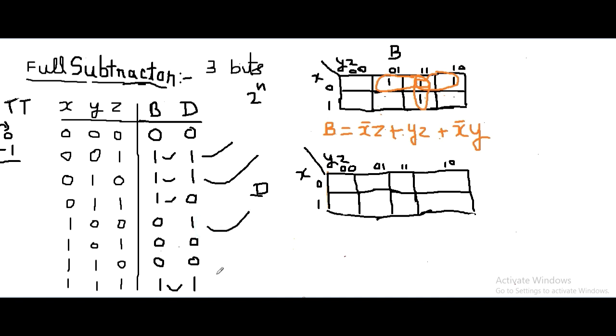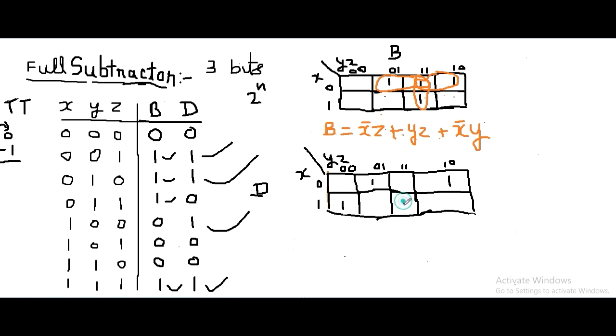So these are the 4 cases we have 1. So place it here: at 0 0 1, this one will be here; 0 1 0, this one will be placed here; then 1 0 0, this one will be here; and then again 1 1 1, we have 1, at this place.